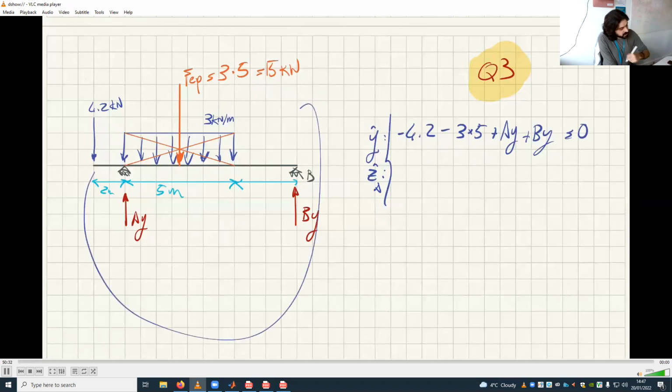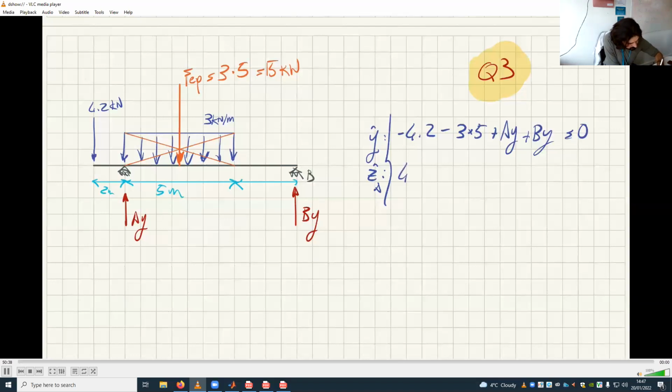4.2 goes counterclockwise around A. So that means 4.2 times 2 minus, because this force goes clockwise around A, 15 times 2.5. Can you see why it's 2.5? Yeah.